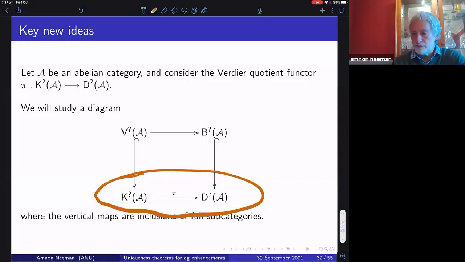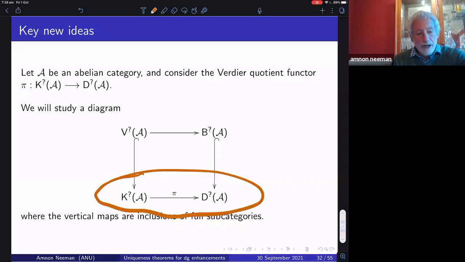It's the morphisms which change. I remind you, the way you get the derived category is you take the homotopy category, the category where the objects are cochain complexes and homotopy equivalence classes of chain maps, and invert all the quasi-isomorphisms. This is the way you form derived categories, always.